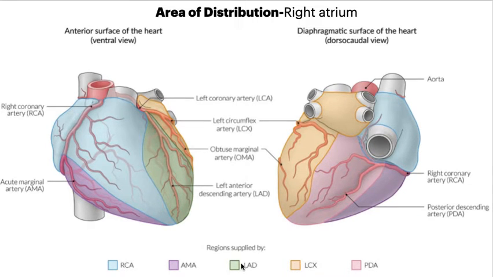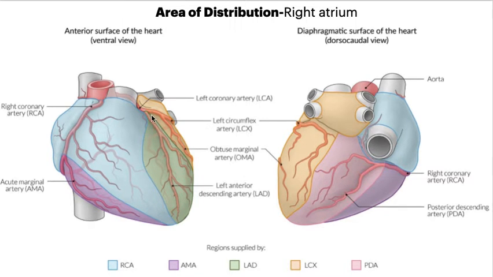Whereas the left coronary artery is supplying the left part till the apex, the anterior interventricular septum supplied by the left coronary artery. In fact, the left anterior descending artery, after which it gives a left circumflex artery over here.